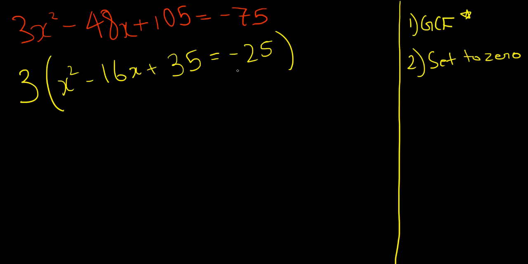So we're going to add 25 to both sides of this equation. I'm just going to do that in red. It's 25 and plus 25. If we did that, we'd end up with 3x squared minus 16x plus 60 is equal to 0.